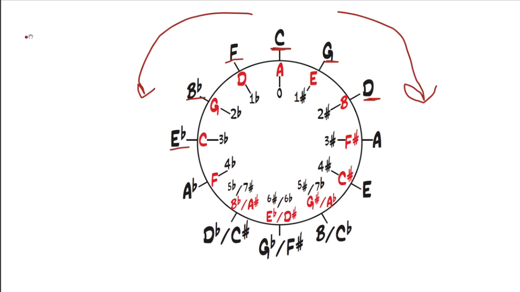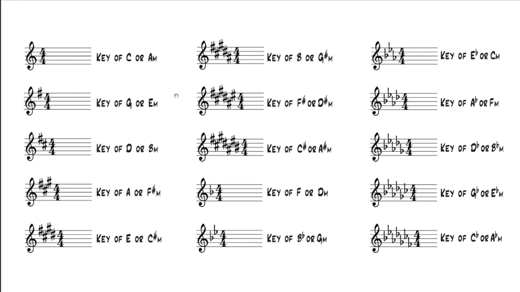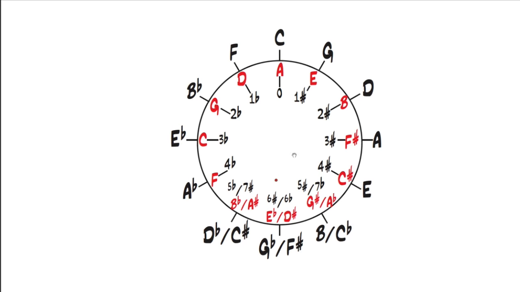And these were all your major scale keys, which pertain to this right here. The key of C has 0 sharps, the key of G has 1 sharp, and so on. Just going through the cycle of fifths, I've just written it out the same way, but just vertically. And then on the inside, I've written out the relative minors.